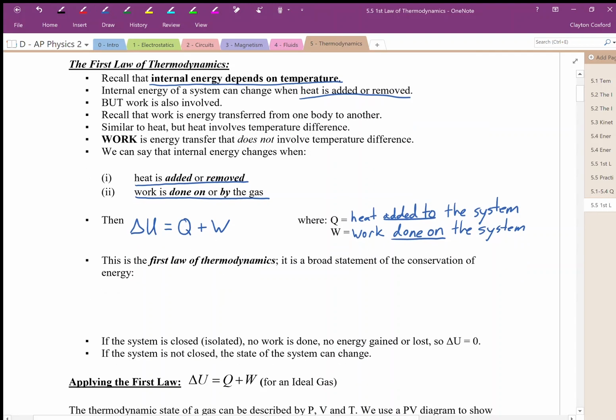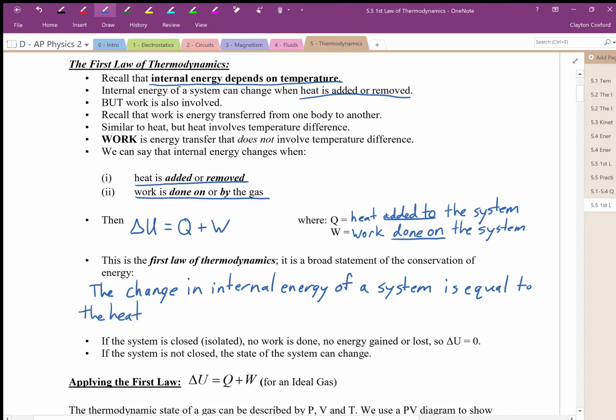So here is what the first law of thermodynamics actually states, not just in symbolic form, but in a sentence. It says that the change in internal energy of a system is equal to the heat transferred to the system plus the work done on the system.